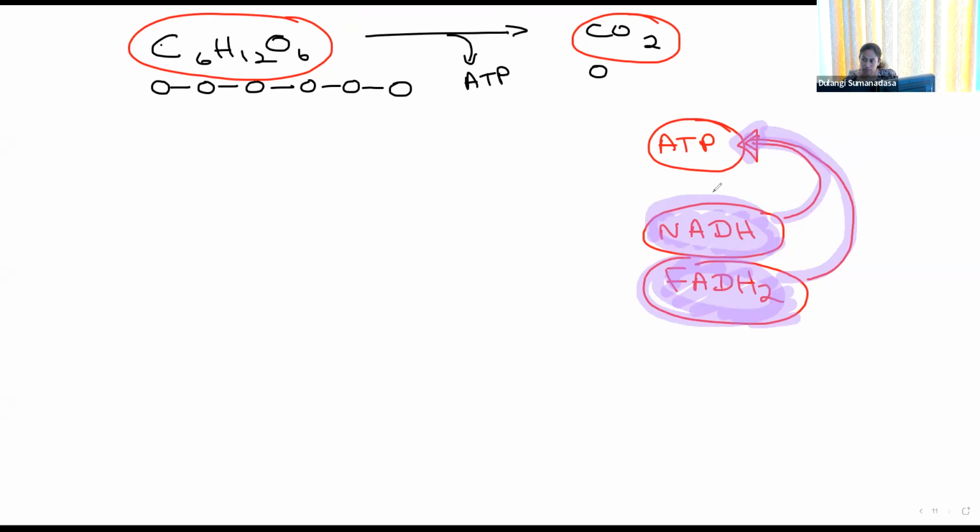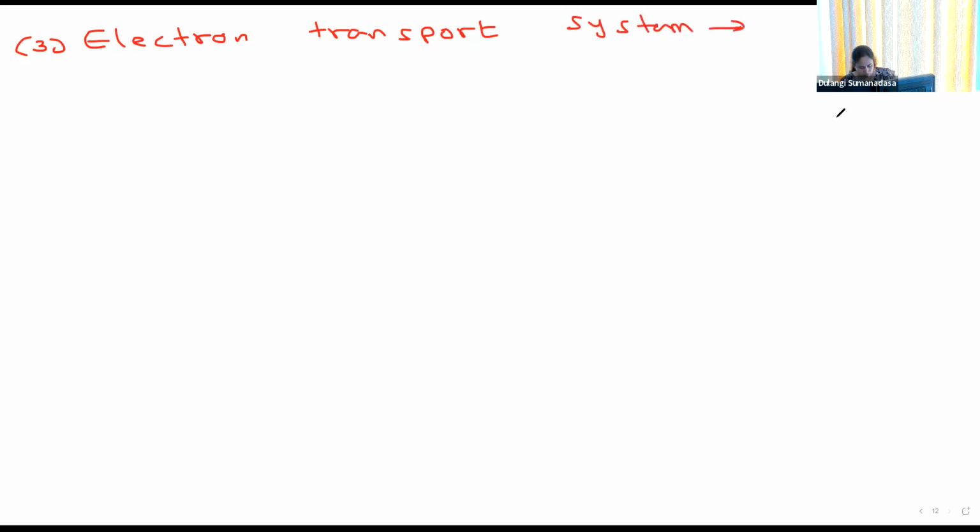Right? So let's do the electron transport chain system. You can say ETC or ETS system, right, on the location: mitochondrial cristae.